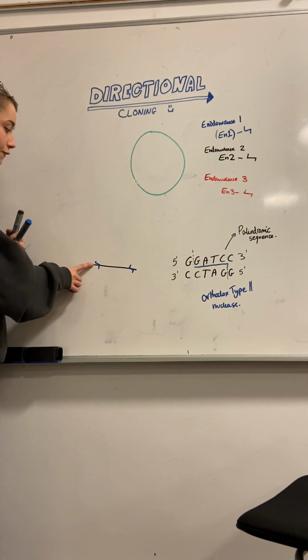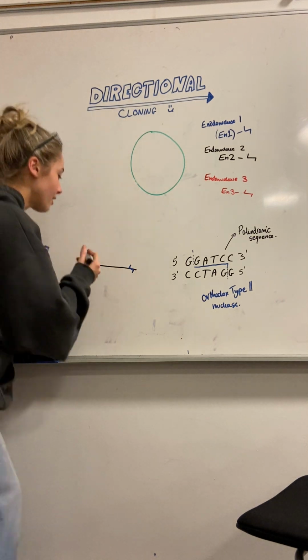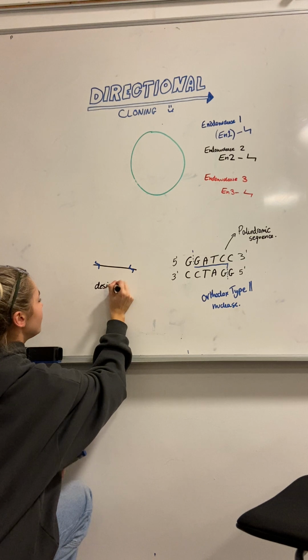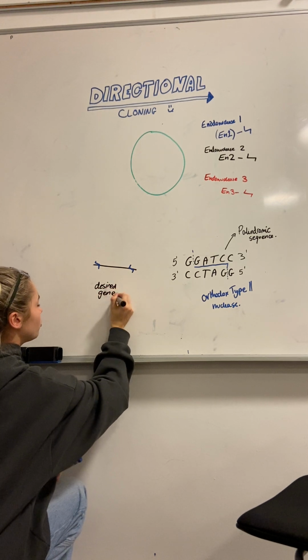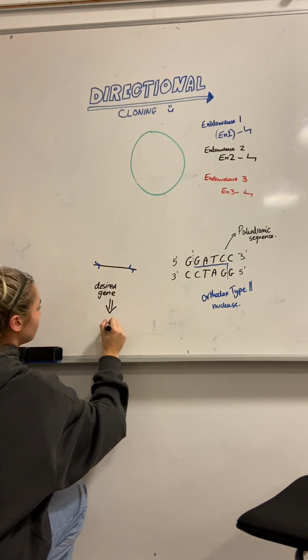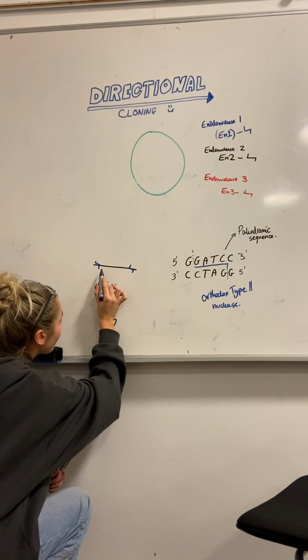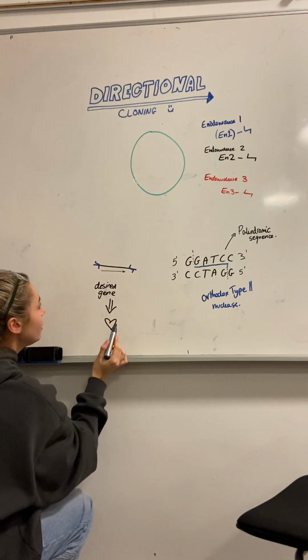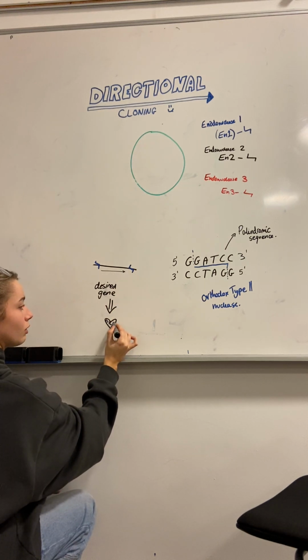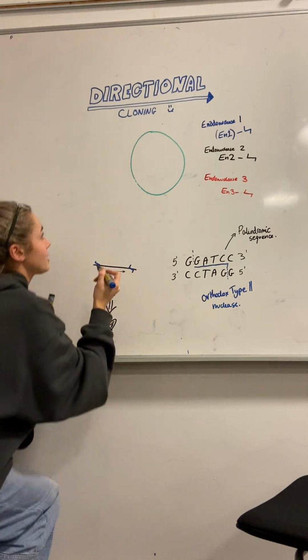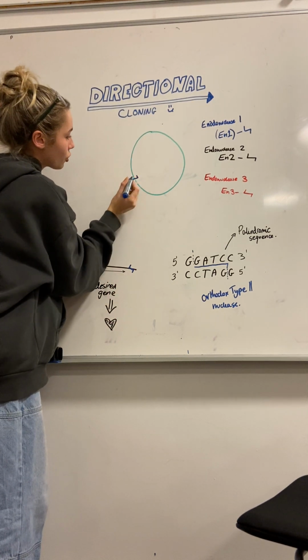So if this gene that we have here in black is a desired gene and it gives us a really cool protein, the love heart protein, it can only be read this way for us to produce our little love heart protein.